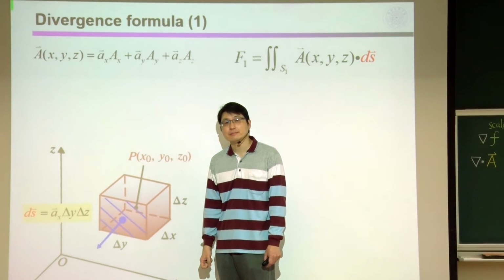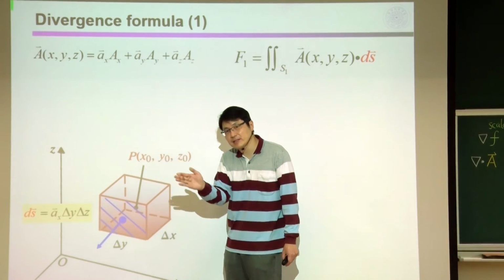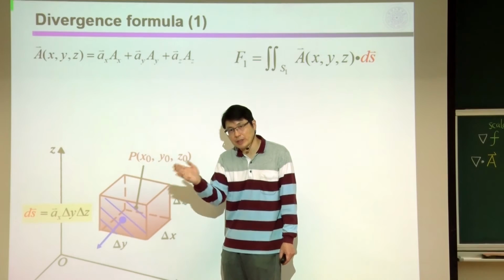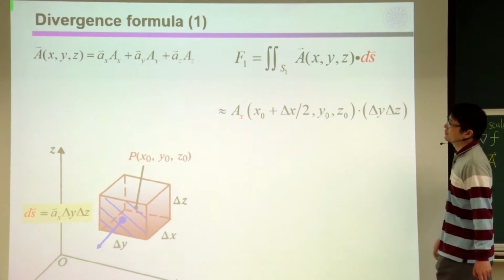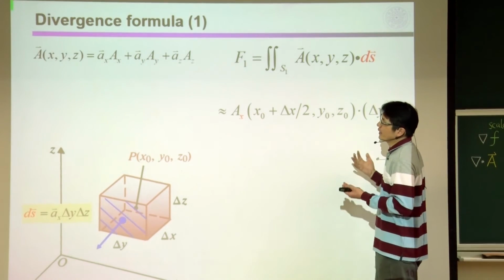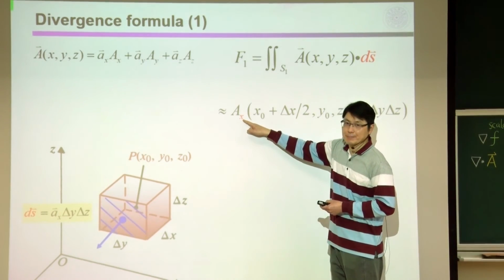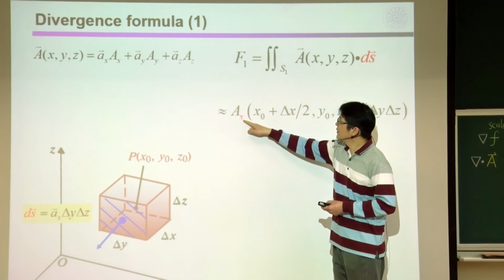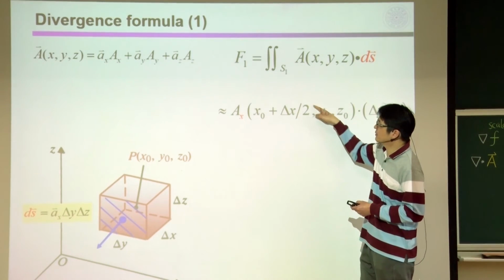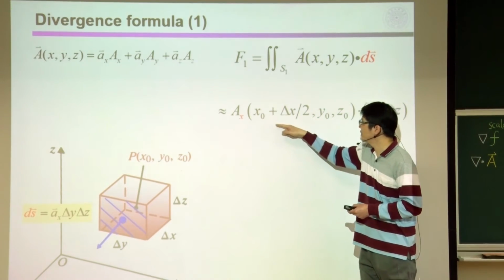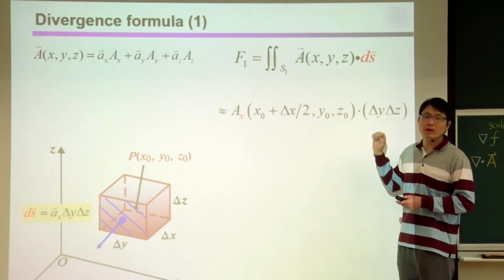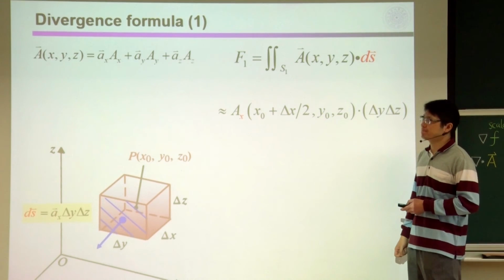Right? It has an offset in the x direction. So I really need to calculate the ax component, but with an offset in the x coordinate value, but not in y and z. Okay.